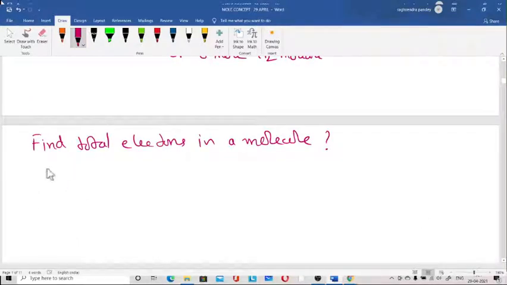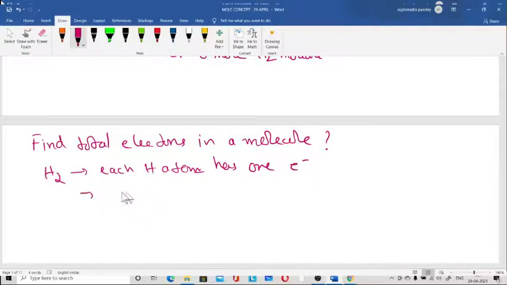Suppose you take H2, each hydrogen atom has 1 electron, and each H2 has 2 electrons.